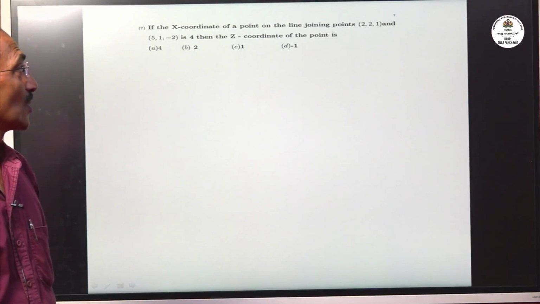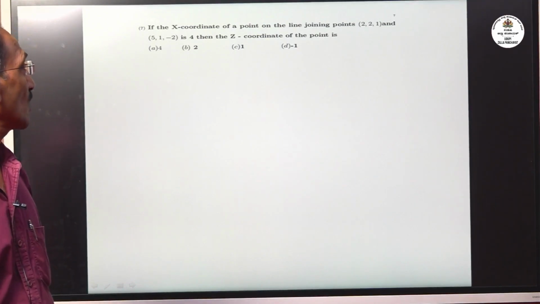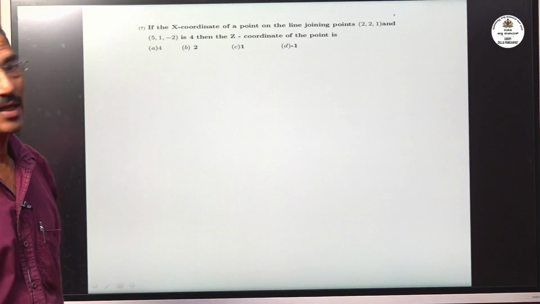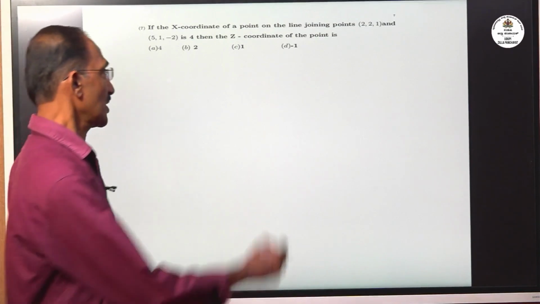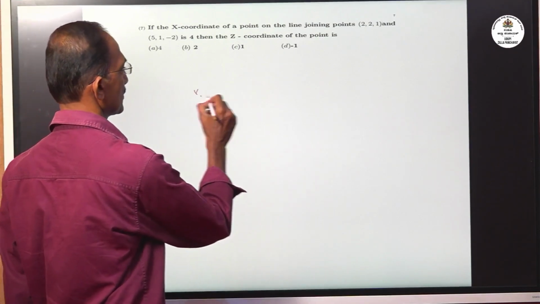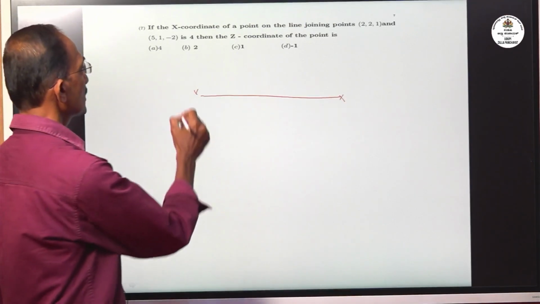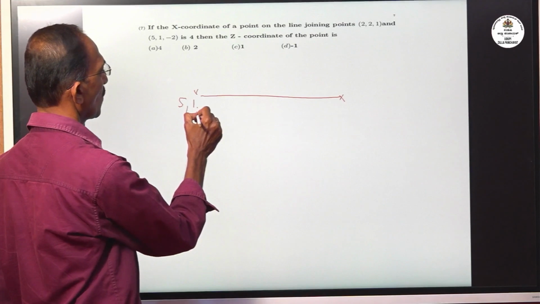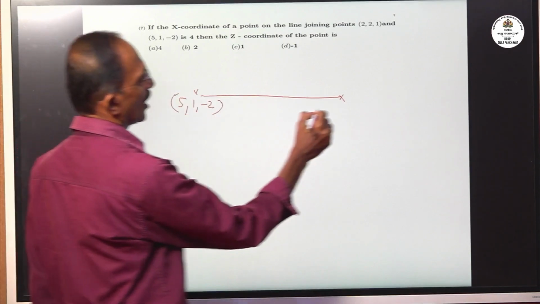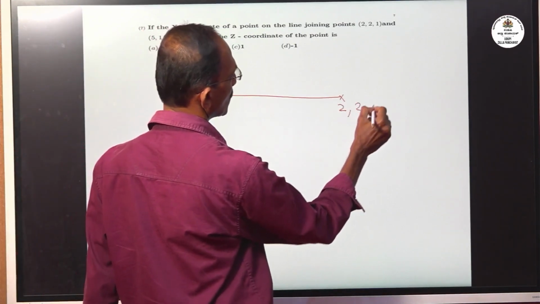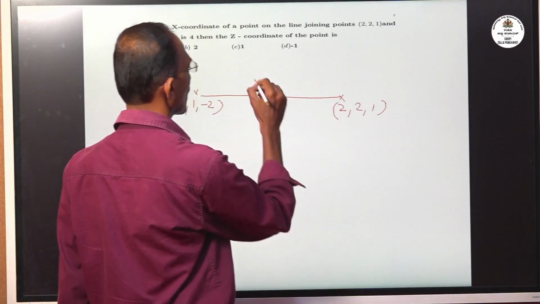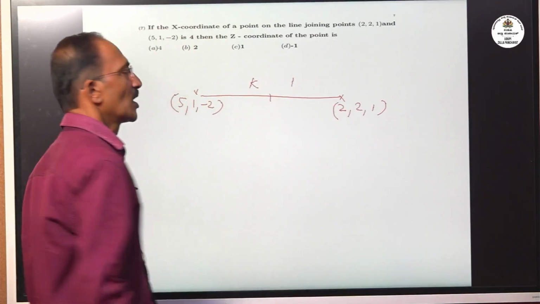The line joining points 2, 2, 1 and 5, 1, minus 2 is 4, then Z coordinate of the point is. So let's consider 2 points, that is 5, 1, minus 2 and 2, 2, 1. Now you consider it divides in the ratio k is to 1.